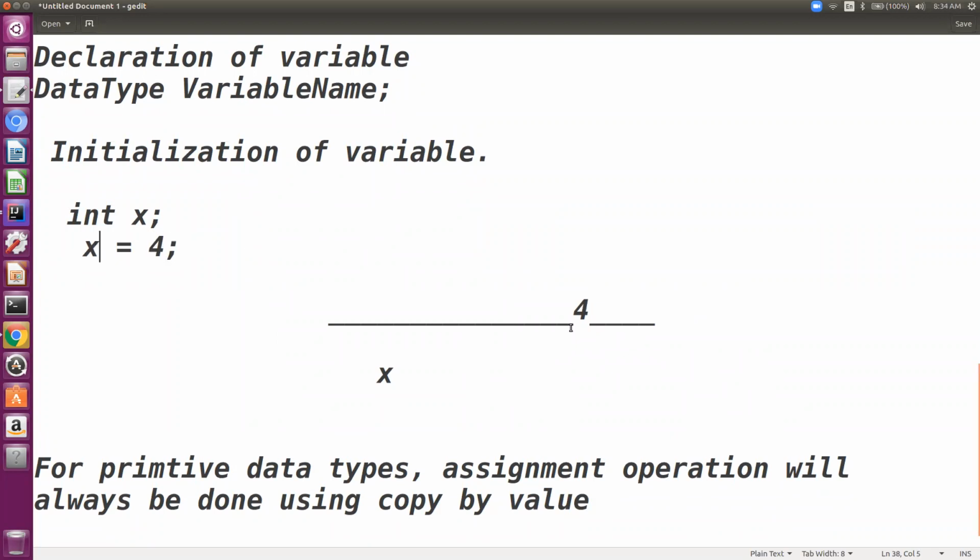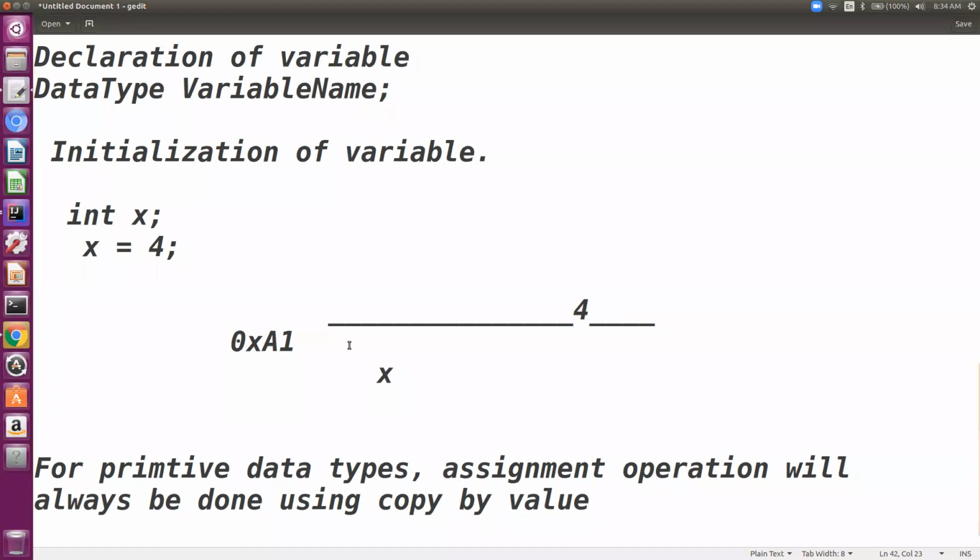That means on a computer's memory location, say address 0xA1, this is the address. At this address of the computer's memory, 4 is written and the value is assigned, and this location address, you can imagine, is assigned to x.